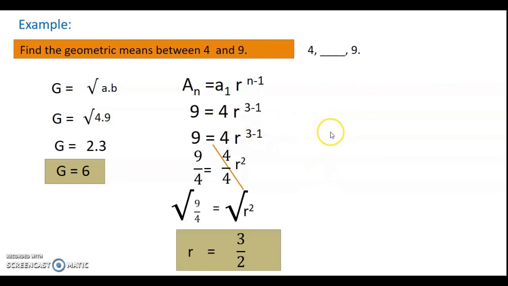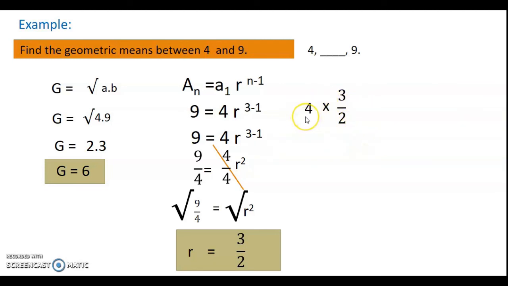So let's try if we multiply 4 times 3 over 2. If you remember our video about multiplication of fractions, we multiply numerator by numerator and denominator by denominator.